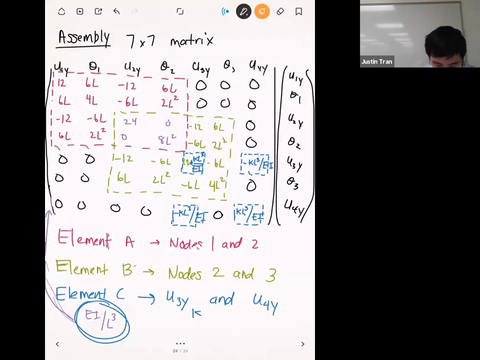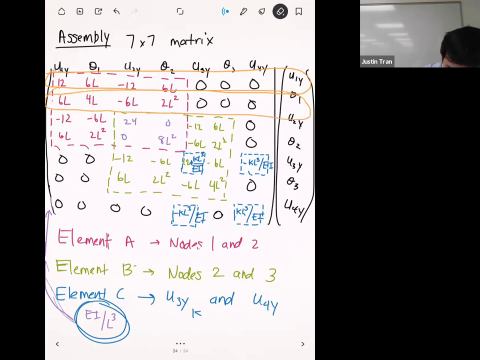And so we have three constraints here. First, we have a fixed constraint on node 1. And so we're going to circle this row and this row, and then do our usual thing, and change these rows accordingly.